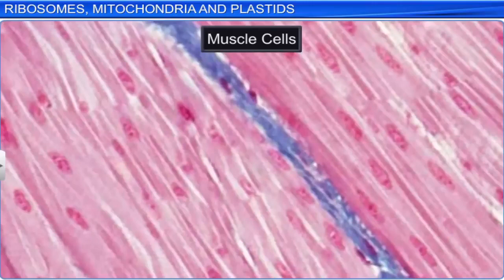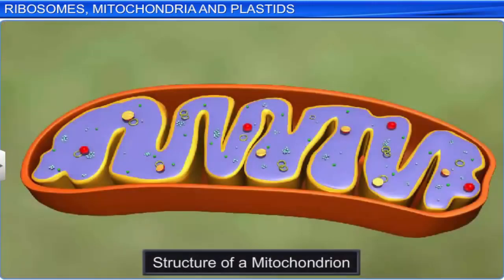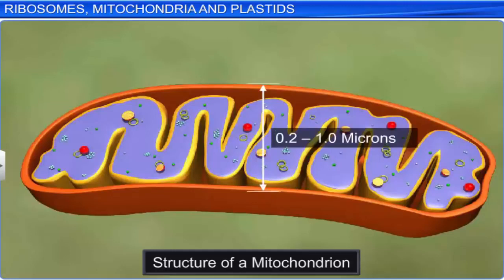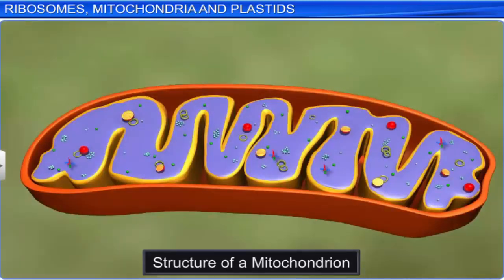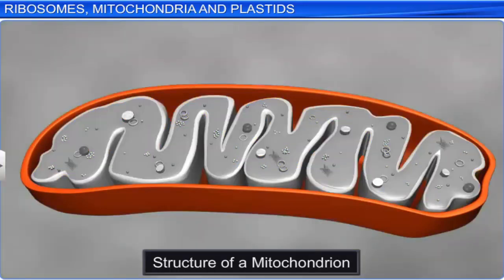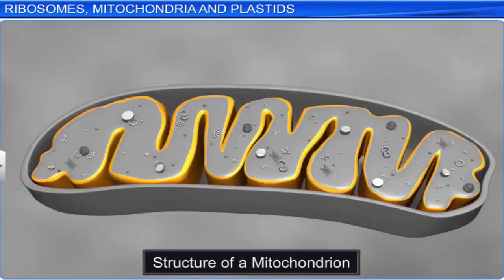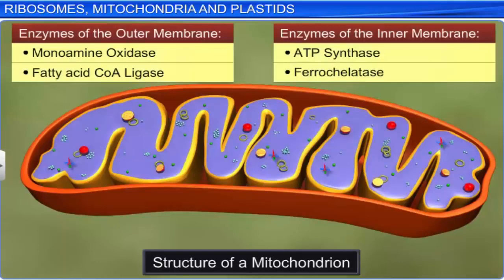Microscopic studies have revealed that a typical mitochondrion, which divides by fission, is sausage-shaped or cylindrical, with a diameter of 0.2 to 1 microns and a length of 1 to 4.1 microns. It is a double membrane bound structure consisting of an outer membrane and an inner membrane, and each membrane has its own specific enzymes associated with the mitochondrial function.